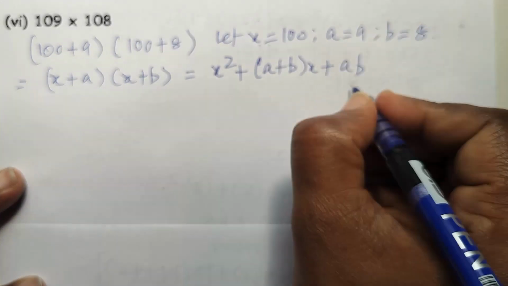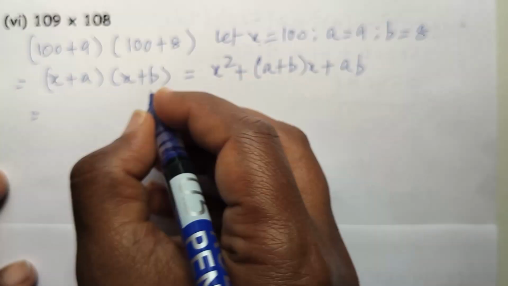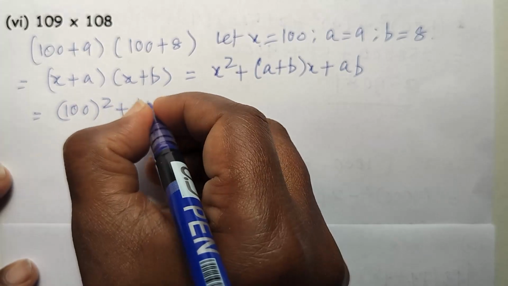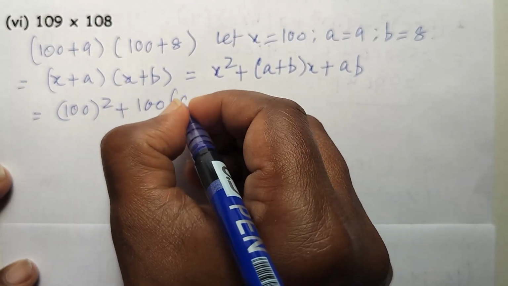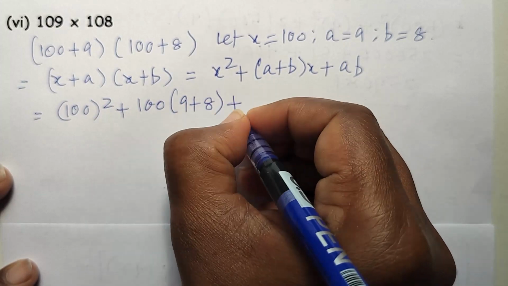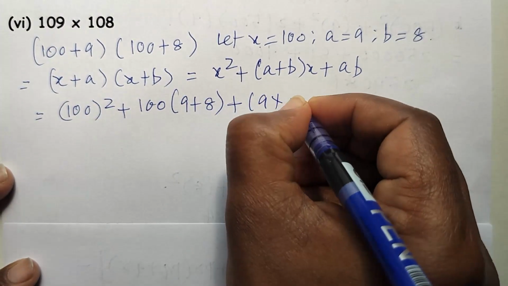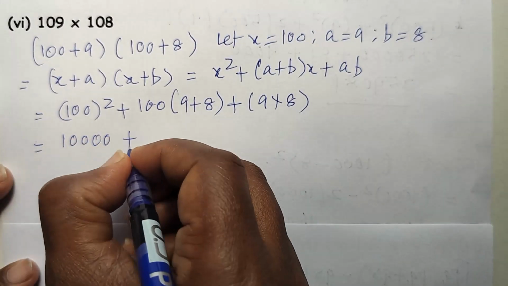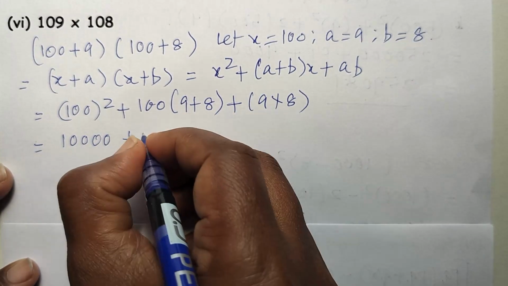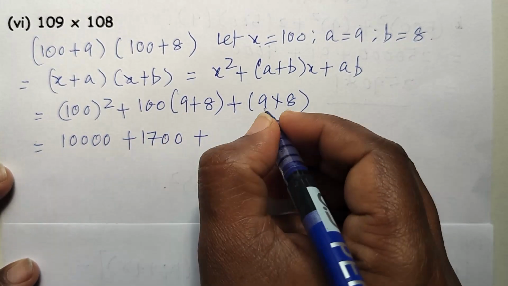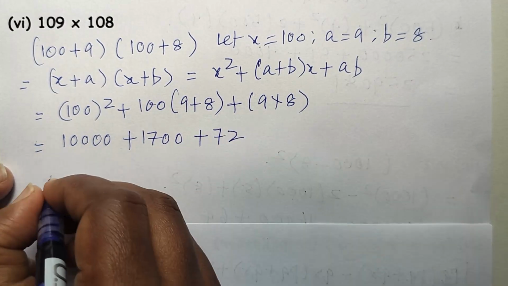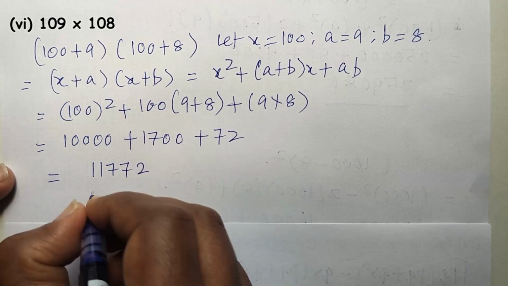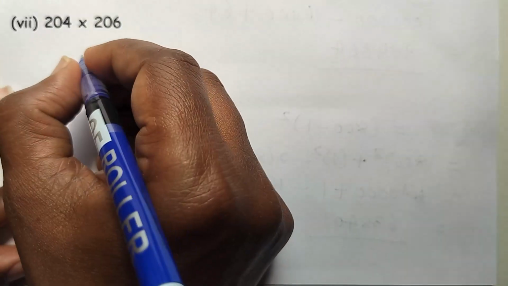So input in this formula. So x square means 100 square plus 100 into (a plus b), 9 plus 8, plus ab, that means 9 into 8. 100 square is 10,000 plus 9 plus 8 is 17 into 100 is 1700. Here 9 into 8 is 72. So that will be 11772 here.